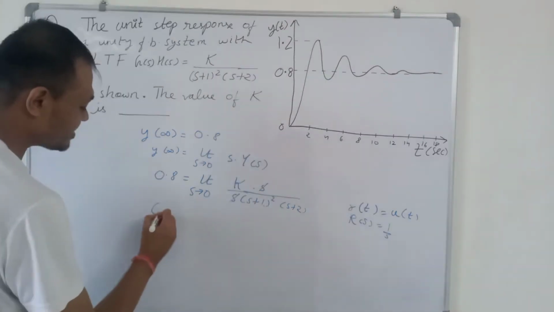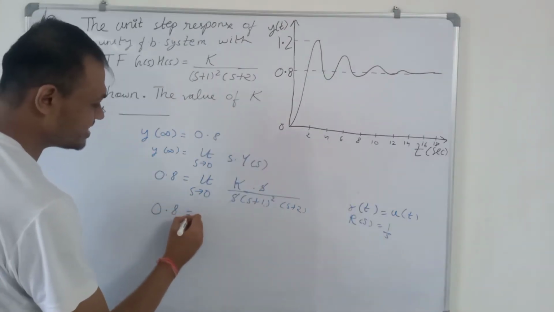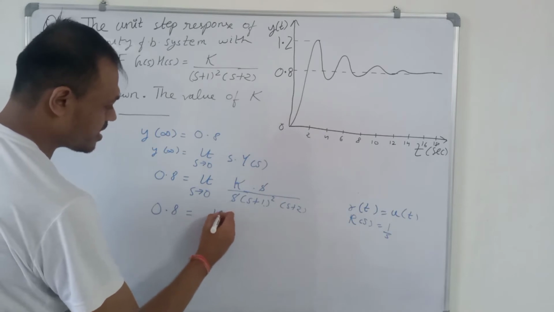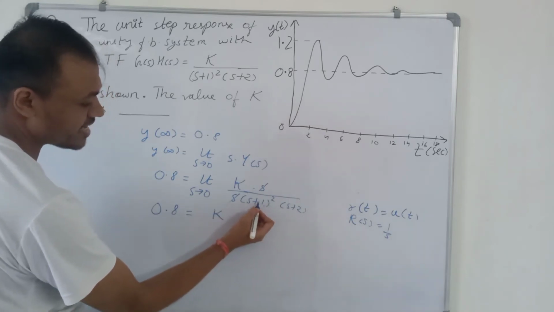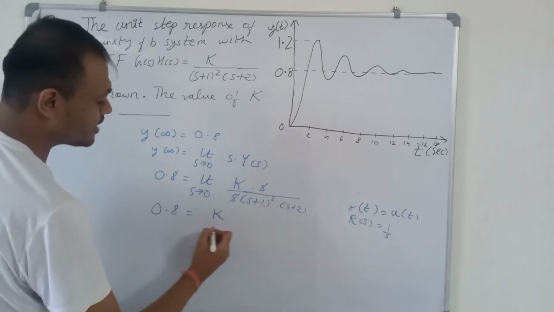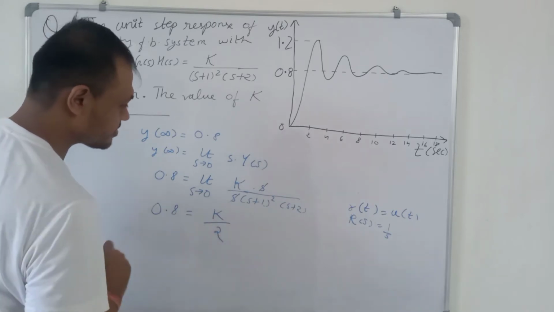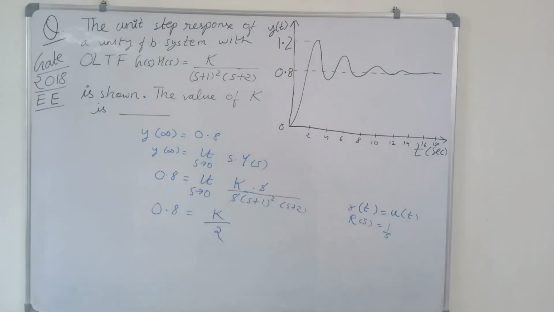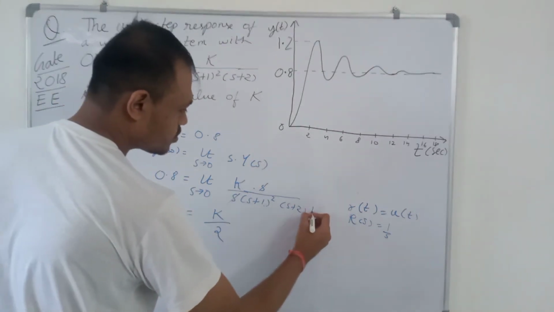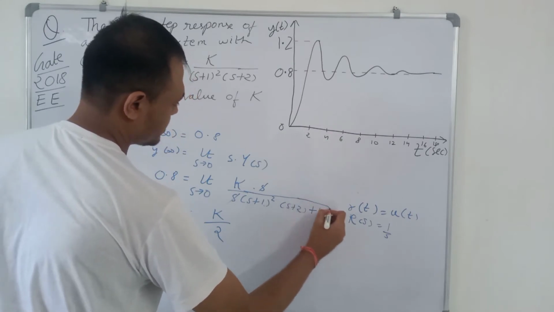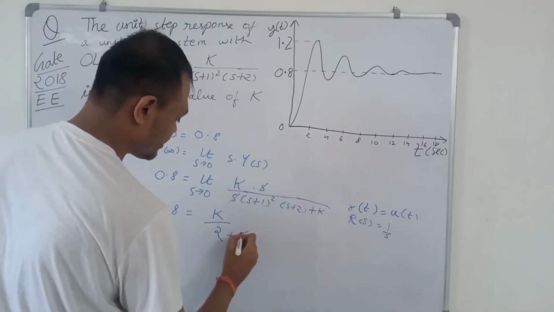So 0.8 is equal to K, and when we put s equal to 0, this will be 1 square and upon 2. So K upon 2, and there was K also here. So K upon 2 plus K.